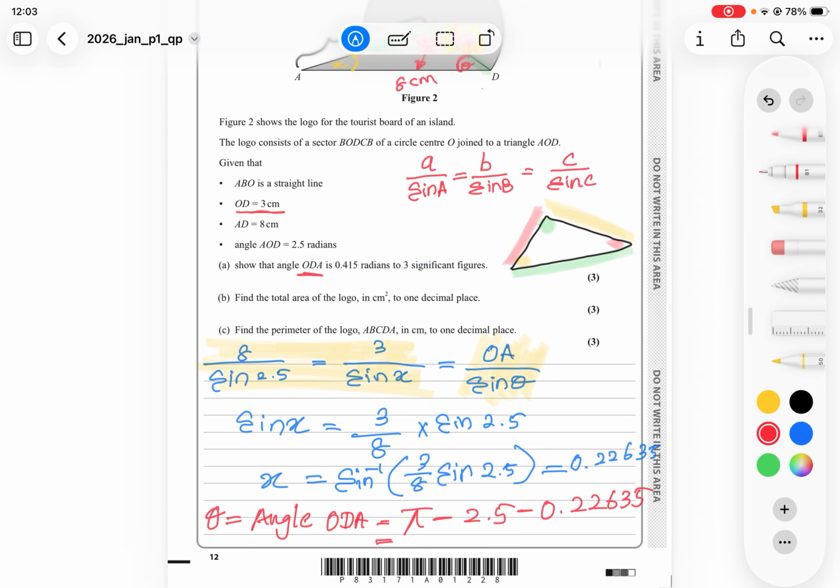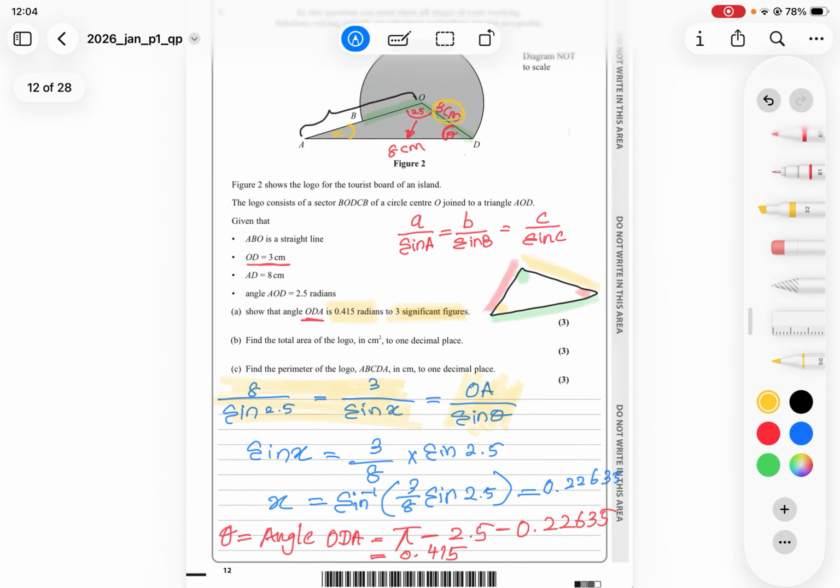Here our final answer needs to be given to 3 significant figures, which would be 0.415. Now we got our expected answer.